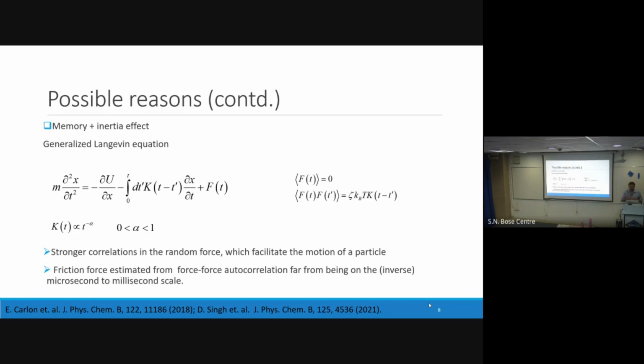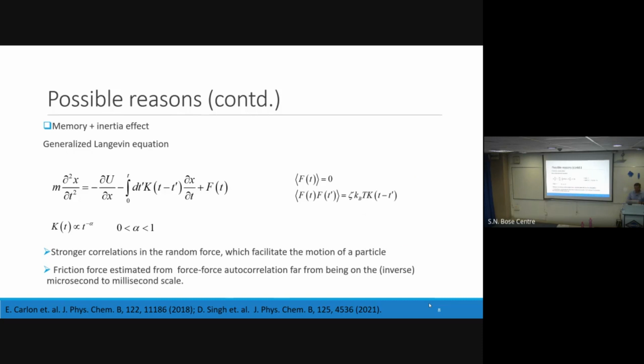The second explanation could be memory effect and inertia effect combined. In the generalized Langevin equation, you use the memory kernel K(t minus t prime), and if memory acts in this dynamics, it could give a longer time tail. People think that, but in reality most theoretical formulations use power law dynamics for the memory kernel, where K(t) is proportional to t to the power minus alpha, with alpha greater than 0 and less than 1.